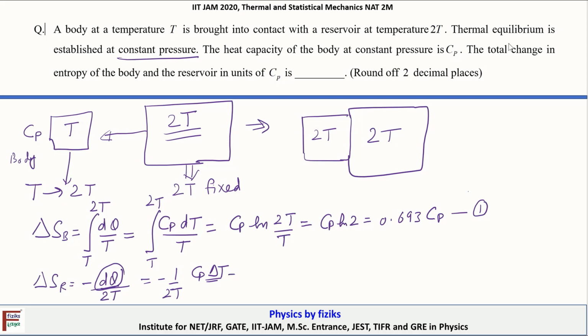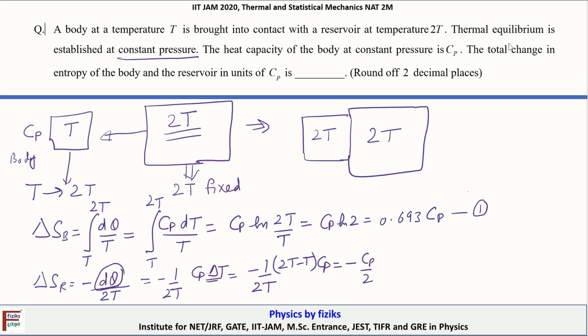So this is equal to minus 1 by 2T times 2T minus T, then multiplied by Cp. So ultimately this is equal to minus Cp divided by 2.